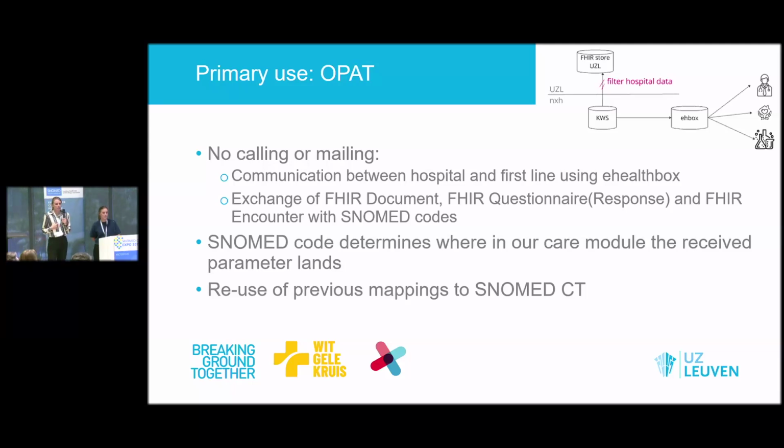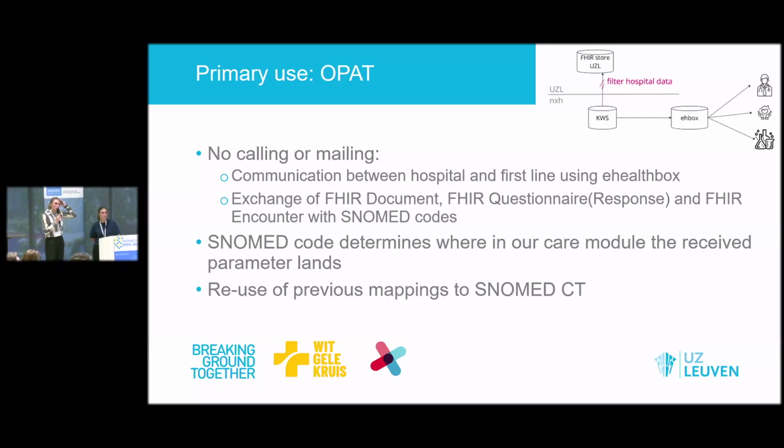So the patient was getting a prescription on paper, was going home, and the home nurse took care of the patient. If some parameter or something was wrong, then the home nurse called the hospital, maybe printed a new prescription, or, I don't know, sent an email. So everything was done by email, by calling, and by ticking in their own EHR, but nothing was going automatically.